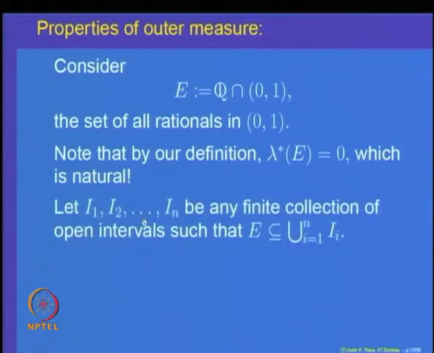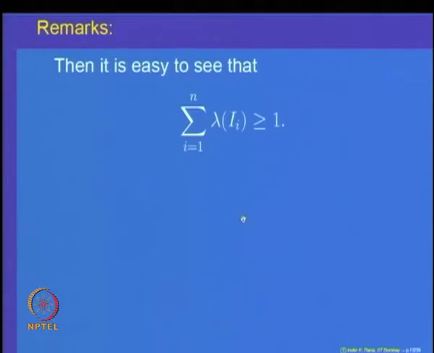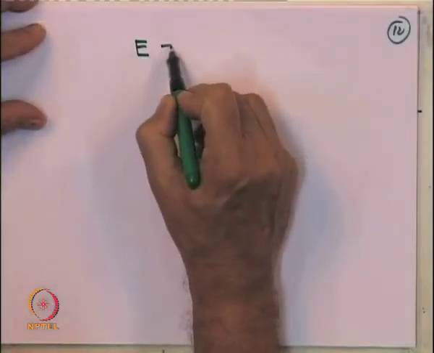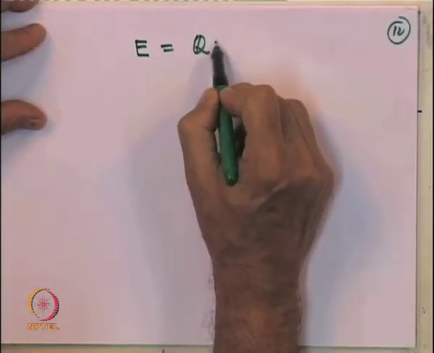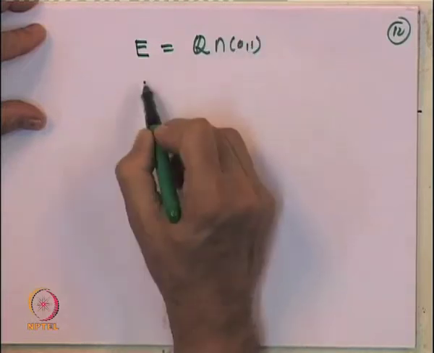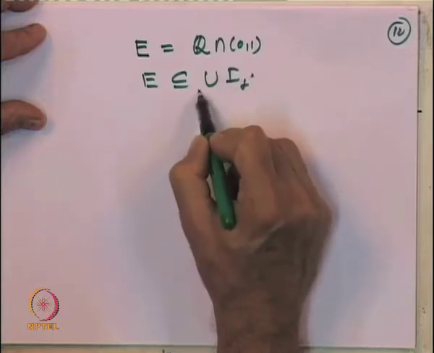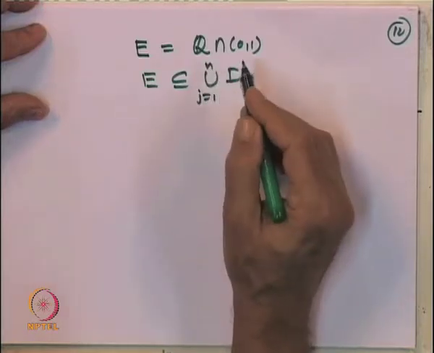Now, let us take a finite covering of E by intervals. So, E is covered by a finite number of intervals, the union of I j. We claim that in that case, this number, the approximate size of E, will always be bigger than or equal to 1, because of the following reason. What is E? E is the rationals inside [0, 1], and suppose E is covered by the union of I j, j equal to 1 to n, right.